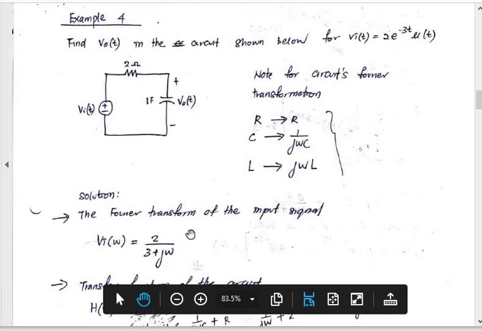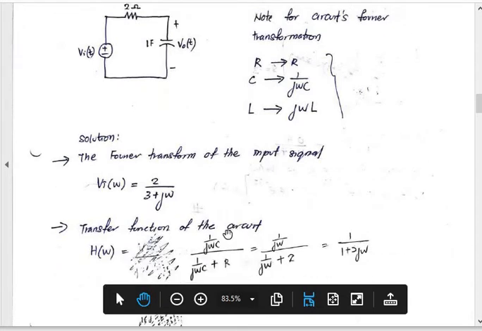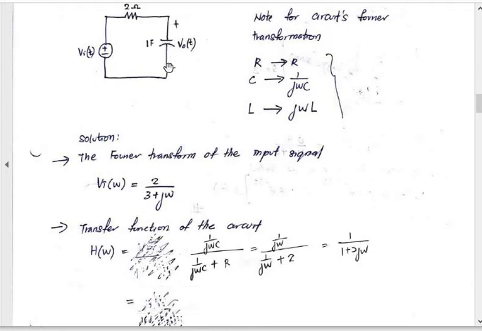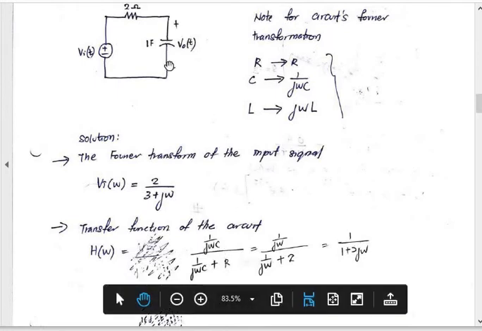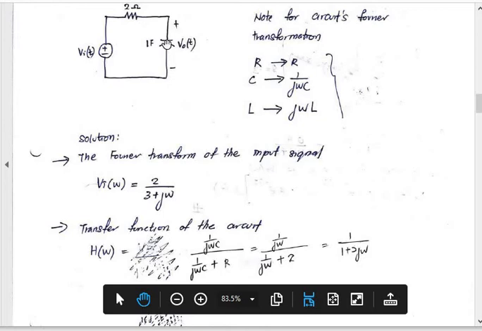And next, you want to find the transfer function of the circuit, that is H of omega. H of omega is referred to 1 over j omega C, that is the capacitor, over the total impedance, the capacitor and the resistor.